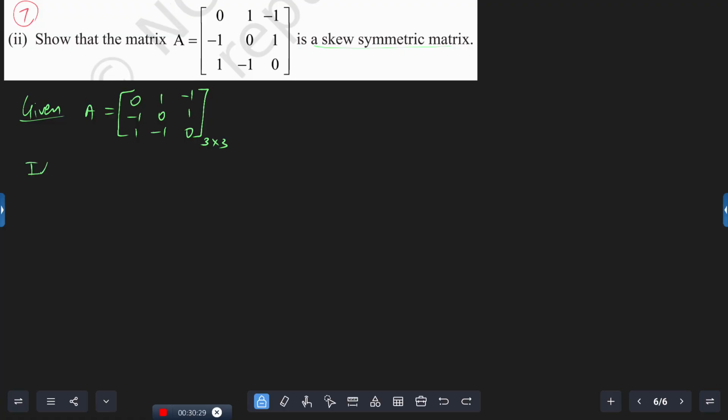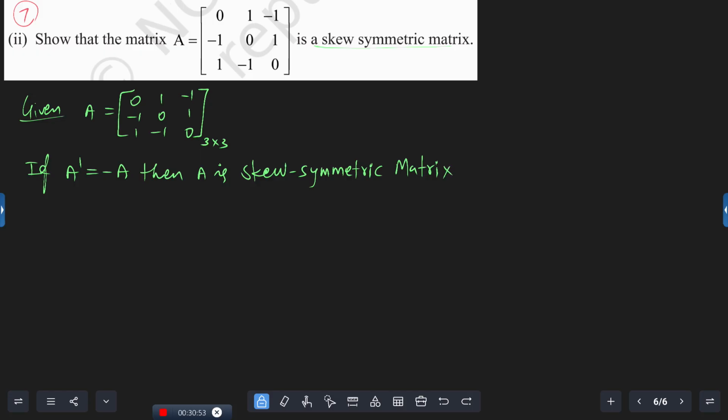If A transpose equals minus A, then what can we say? Then A is a skew symmetric matrix.